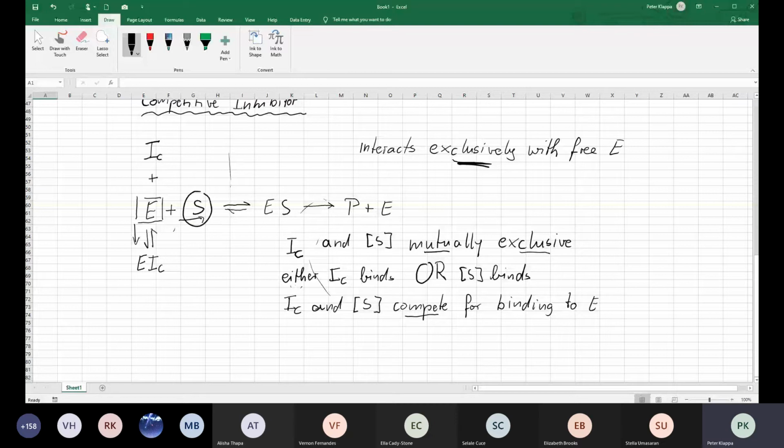In this scheme, we have loads and loads and loads of substrate and only a little bit of the inhibitor. Which one would predominantly bind? Substrate or inhibitor? If we had loads of substrate.